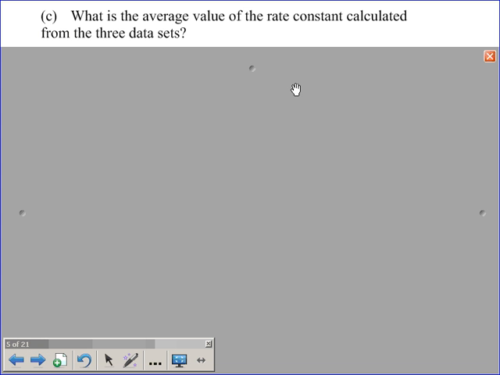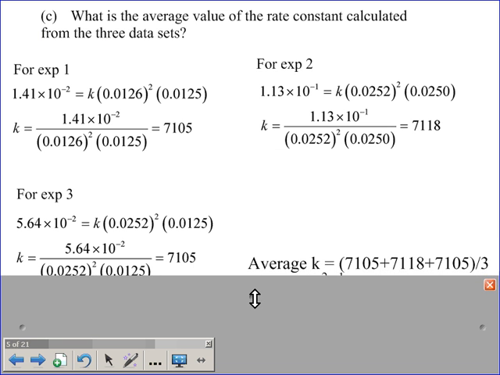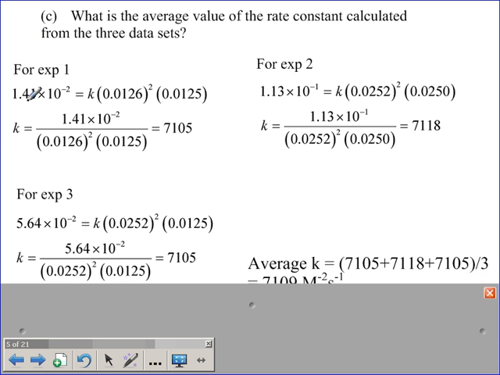Your last question is, what's the average value of the rate constant for these three data sets? So you've figured out the rate law. You have a number for everything except k, and you had 3 experiments, so each one of them can be solved.